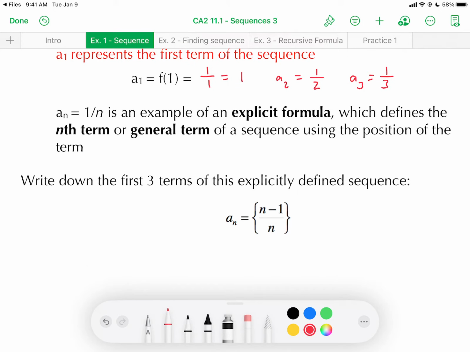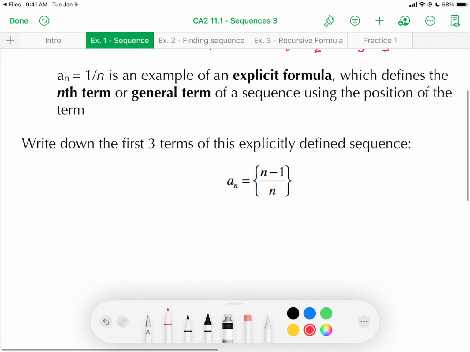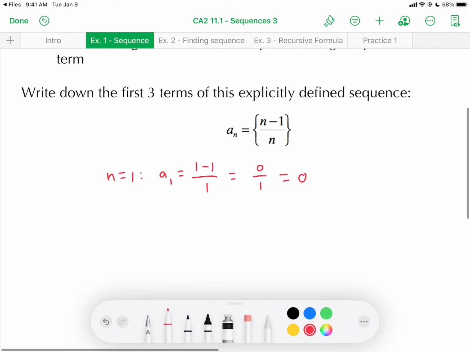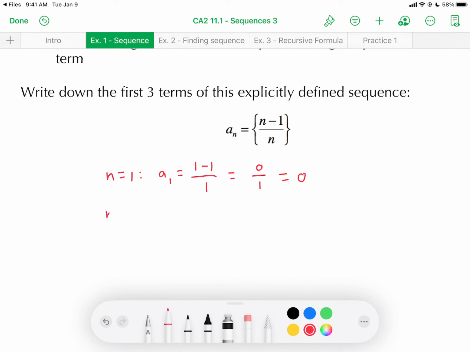A sub n is equal to n minus 1 over n. We want the first 3 terms. The first term would be represented by a sub 1, where n is 1. That means I would get 1 minus 1 over 1, which is 0 over 1, or 0. If I want the second term, that would make n 2, and it would be represented with the notation a sub 2.